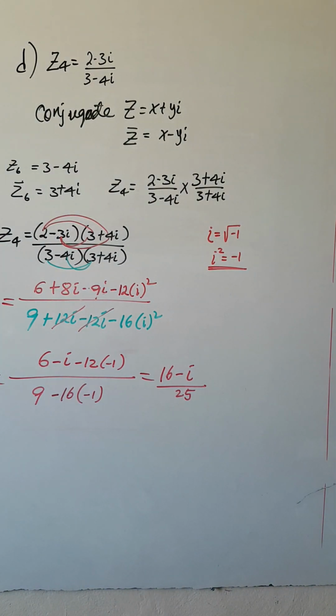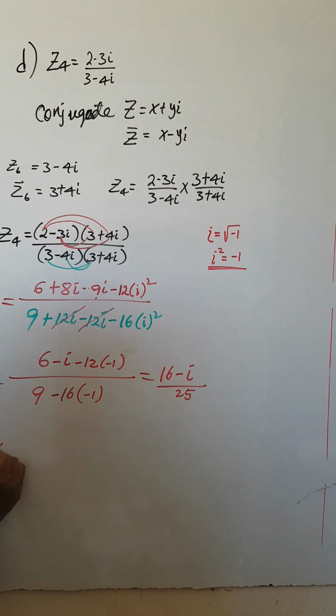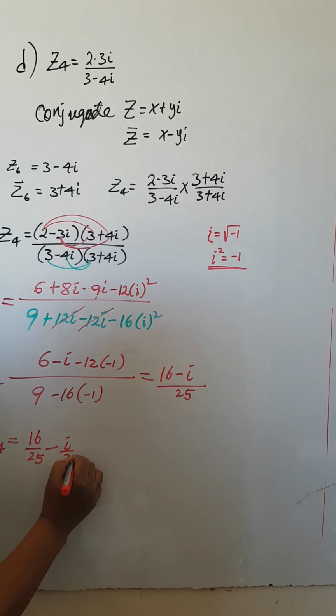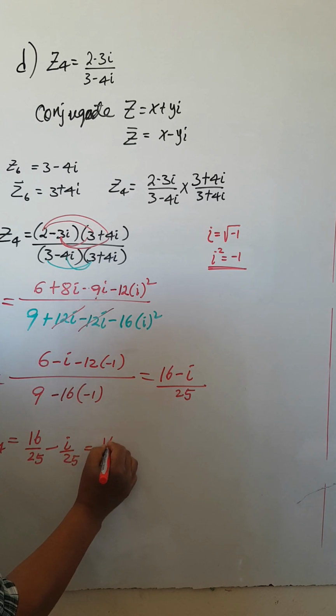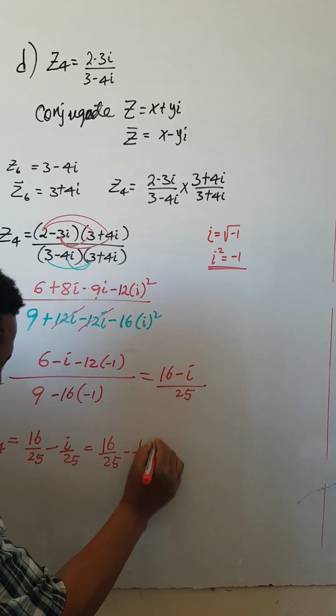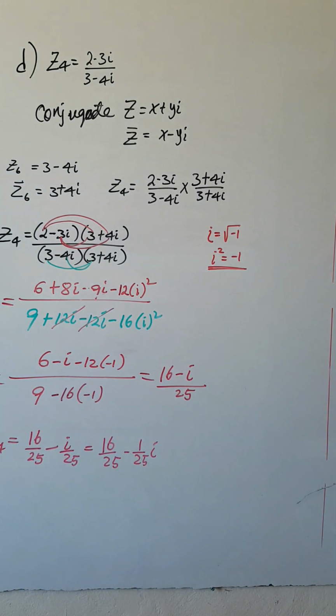So the rationalized form of z4 is 16 minus i over 25. So here z4 can be written as 16 over 25 minus i over 25, which is equivalent to 16 over 25 minus 1 over 25 i. Now it's very simple.